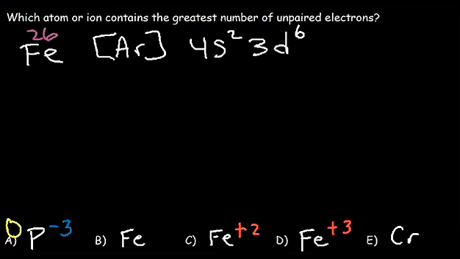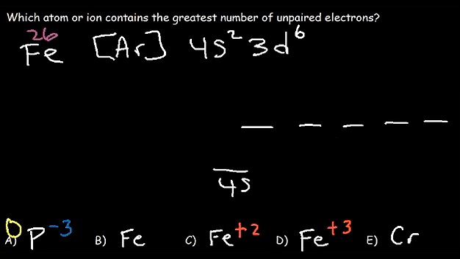Now once we have this, we can write the orbital diagram, or you can represent it using the orbital energy level. Let's draw the orbital energy level for Fe. So we have the 4s level and we have the 3d level. 3d has 5 orbitals, so you can draw boxes if you want.